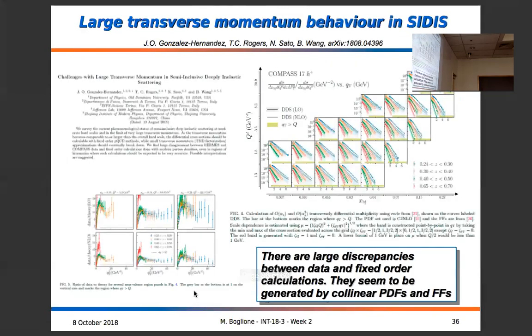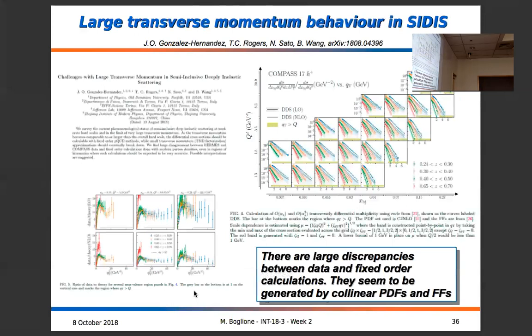This, in a way, was studied again and in a more refined way with new data from COMPASS very recently by Nobuo Sato, Ted Rogers, Osvaldo Gonzalez and Wang, and they actually find that there are large discrepancies even when you go to order alpha-S squared calculations between the data and the calculation you do.